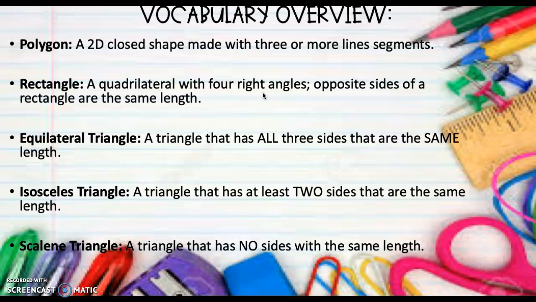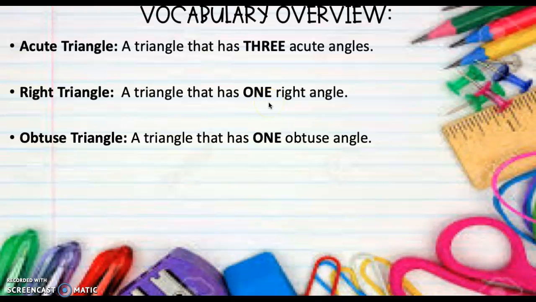Not all 3, but at least 2 of the sides are the same length. And then next, we have a scalene triangle, and that's a triangle that's unique because none of the sides have the same length. So that one is quite special. We do have acute, right, and obtuse triangles, but we don't have to focus on those today.